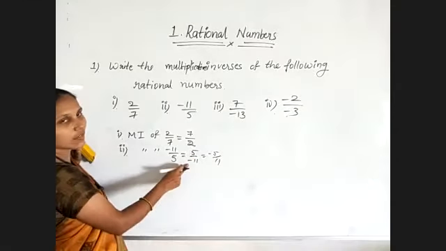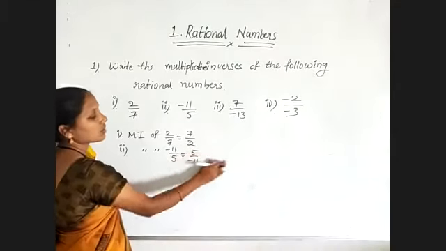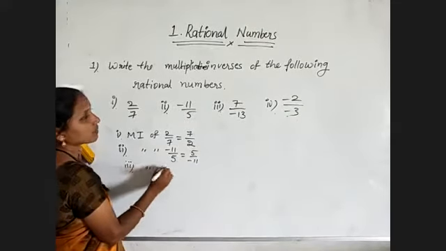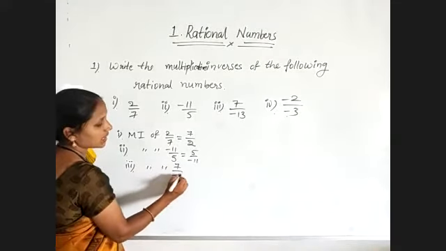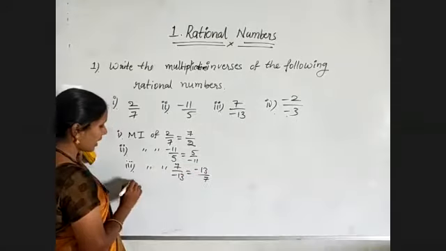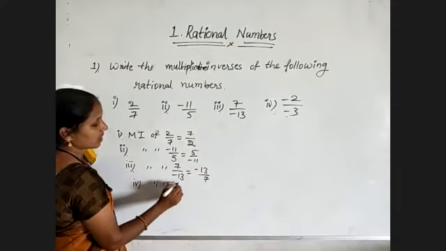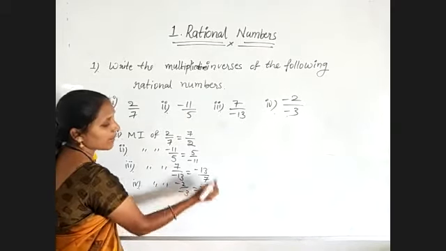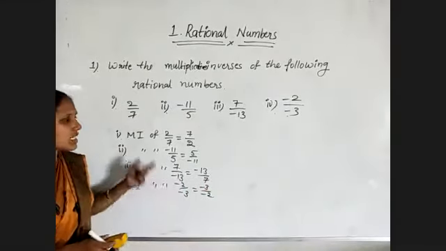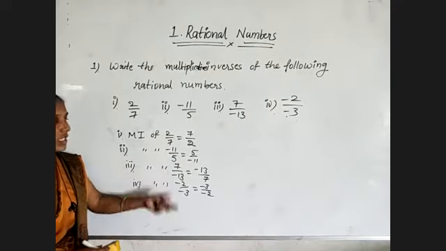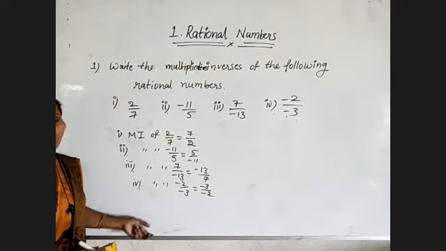So wherever you are writing minus, there is no change. Next, multiplicative inverse of 7 by minus 13 is nothing but minus 13 by 7. And multiplicative inverse of minus 2 by minus 3 is equal to minus 3 by minus 2. So just observe, we are reversing whatever number is given. That's all. Here signs will not change.